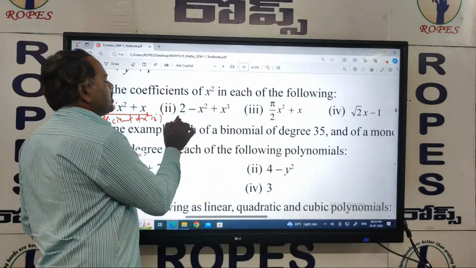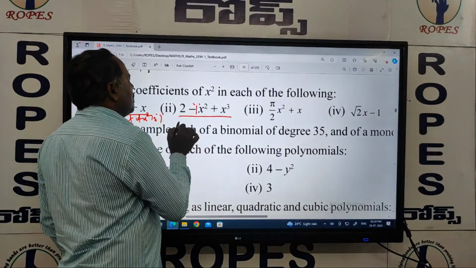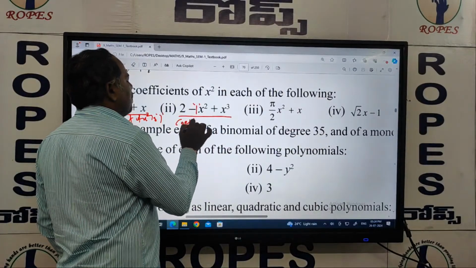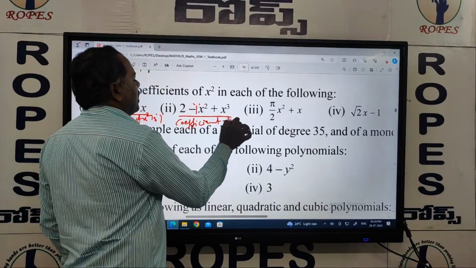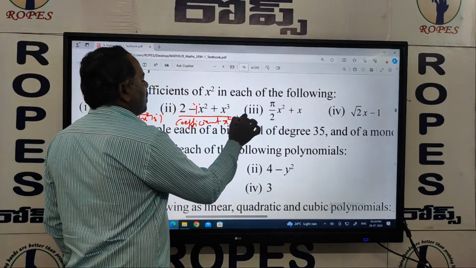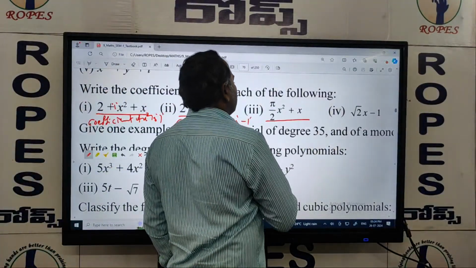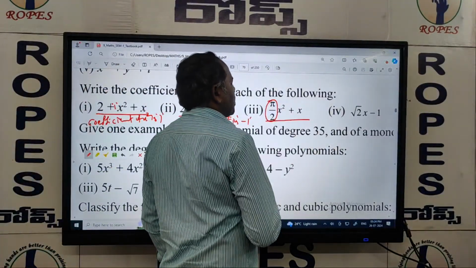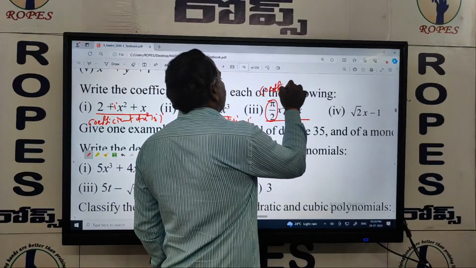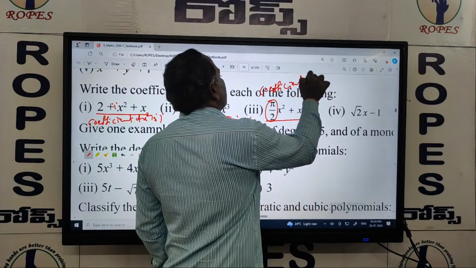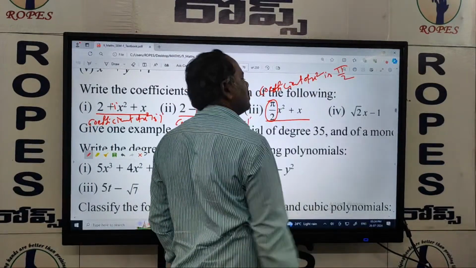Next, if we go to the second one, here 1 is there and minus is there. So now we can write the coefficient of x square is minus 1. And in the third sub question, pi by 2 is the coefficient of x square. Here the coefficient of x square is pi by 2.